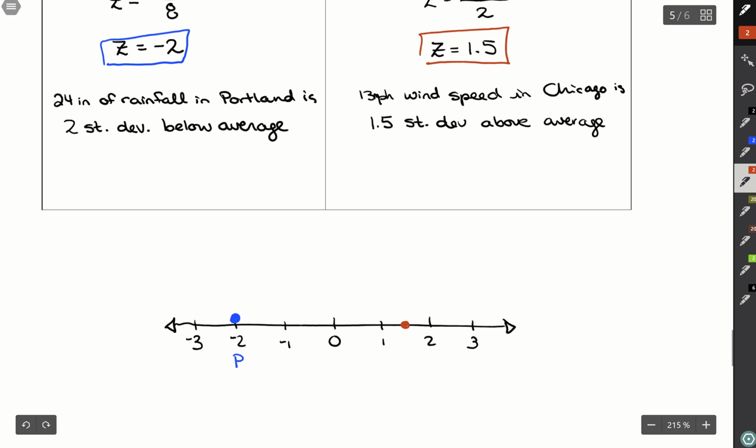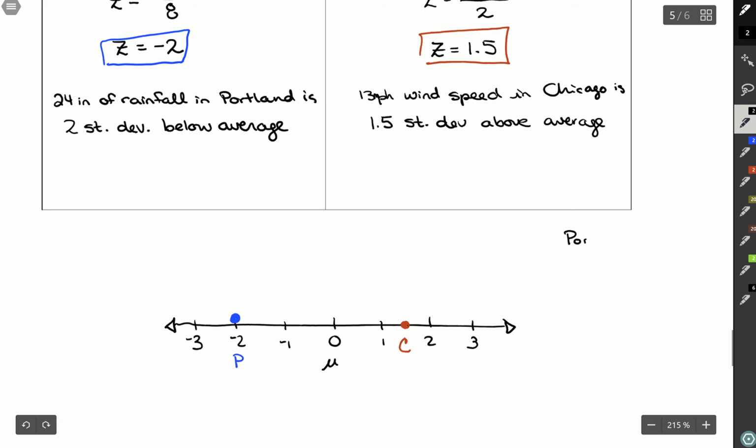So here we are with Chicago. If being at the mean is 0, we want to see which is further from expected. So which is further from 0? Well, in terms of distance, Chicago's 1.5, but Portland is a distance of 2 away, which means it was a more extreme value happening below average.